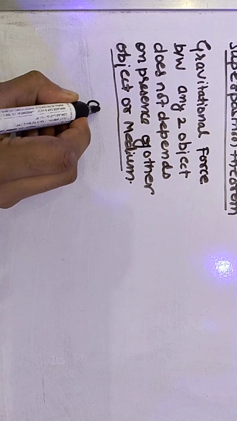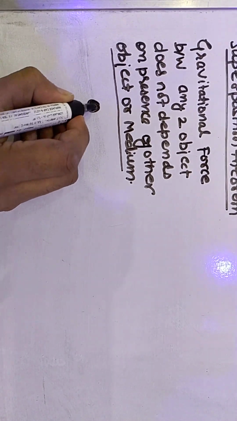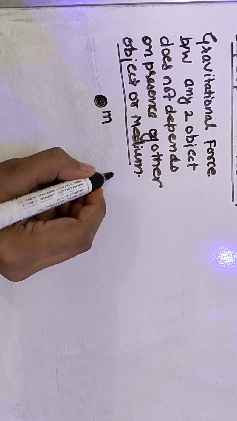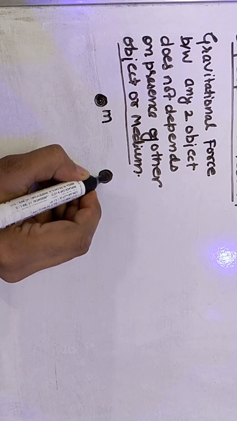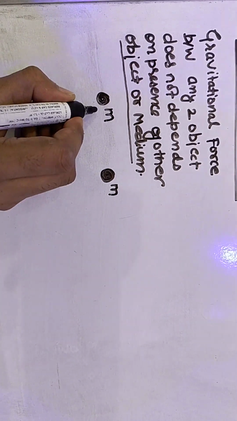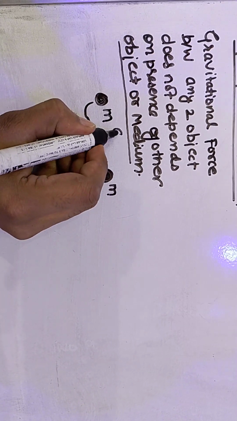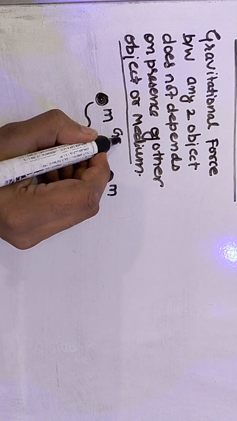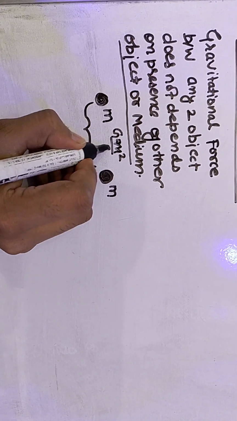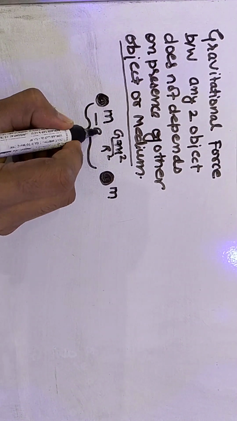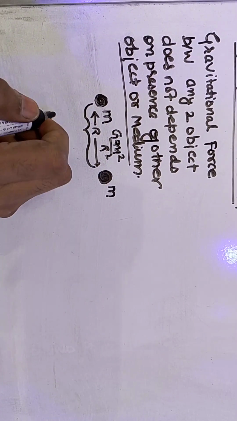Like there is an m mass object and another m mass object, and the gravitational force between these two is G m square by r square, if I say the distance is r.